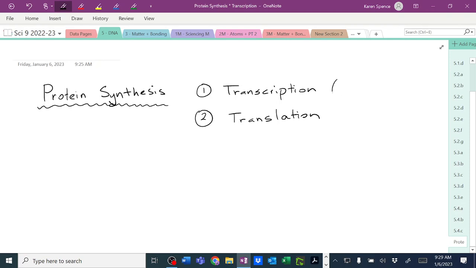If you're interested, you can abbreviate transcription as TXN. You don't have to know that, but you can. And you can abbreviate translation as TLN. Transcription, translation.